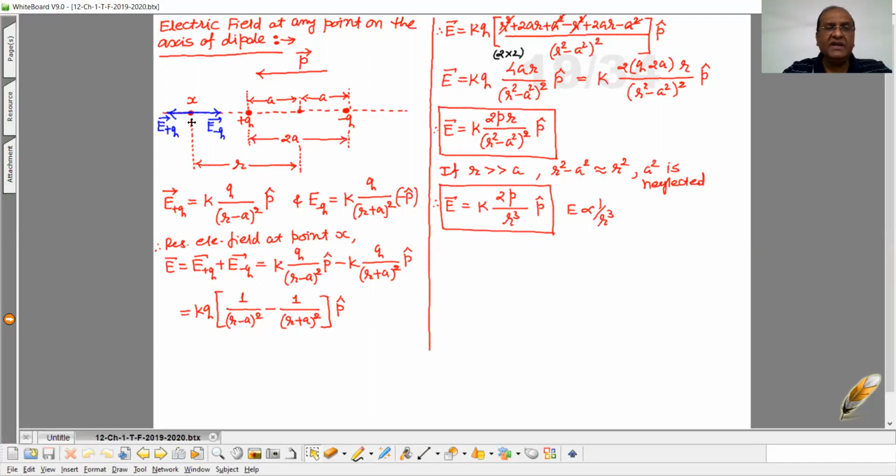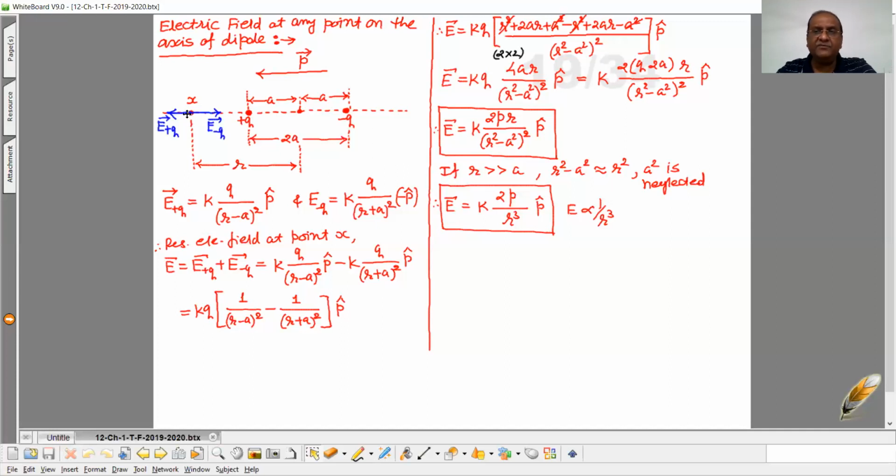This point is at a distance r from the dipole. Always remember, the distance of any point with respect to the dipole is considered from the center of the dipole. So from the center of the dipole, the point under consideration is at a distance r.